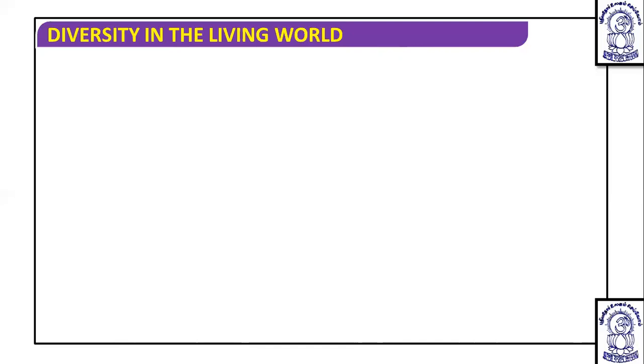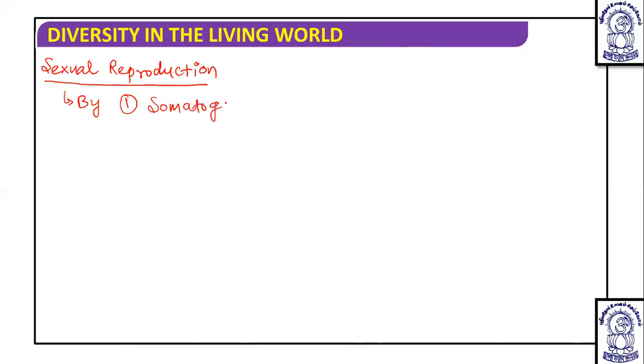Now when we go on to study the sexual reproduction, we come to know that it is by number one, somatogamy, and number two, gametangial contact.